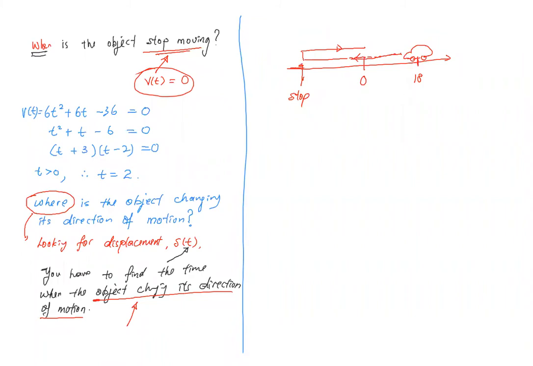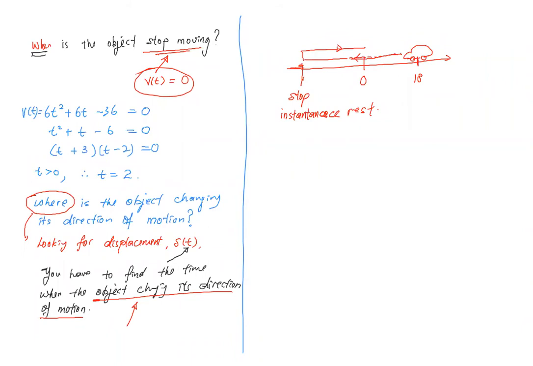This one we call it momentary arrest. So this one we call it instantaneous rest, or momentary arrest. So that means if you want to know, you have to find the time when the object changes its direction of motion.